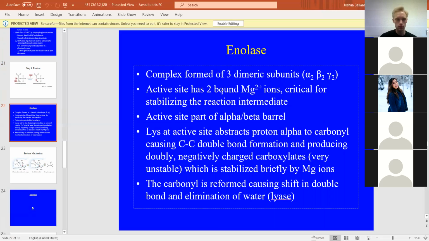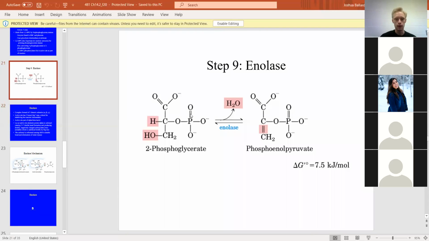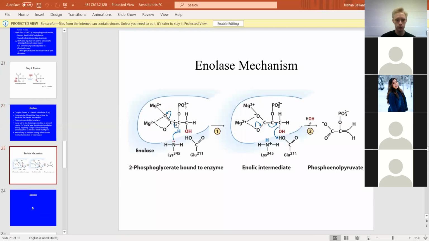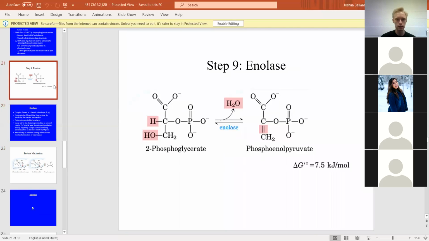And then this is just the active site. This is the magnesium ions. Magnesium ions just stabilize the phosphate groups, because phosphate groups are pretty highly negative, and so it's just important to recognize that. They also, in this case, stabilize this negative charge on the glycerate itself.